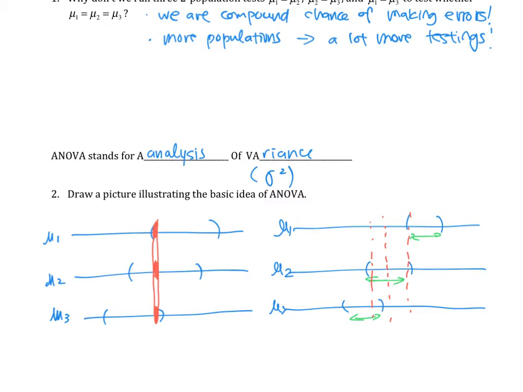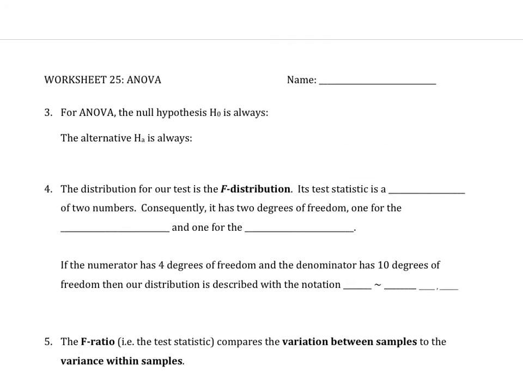So this test will see if it's possible to have 3 confidence intervals overlapping, so maybe all have the same mean, or it's not possible that they have the same mean. That's why we're analyzing the variance, which is standard deviation, because that determines the length of the confidence interval.